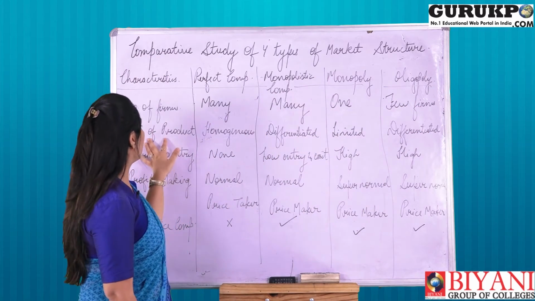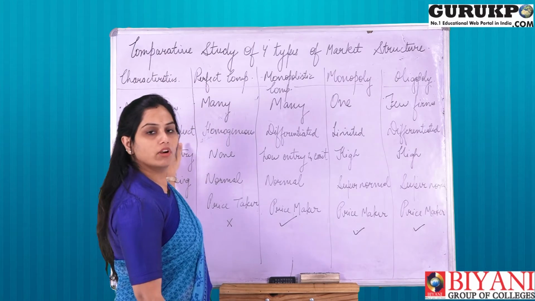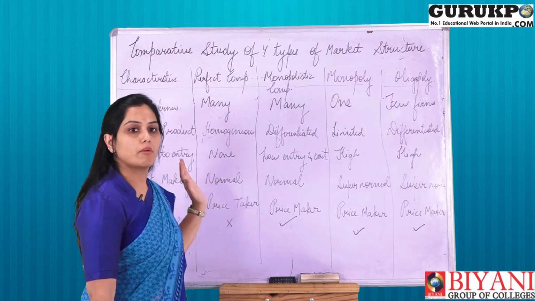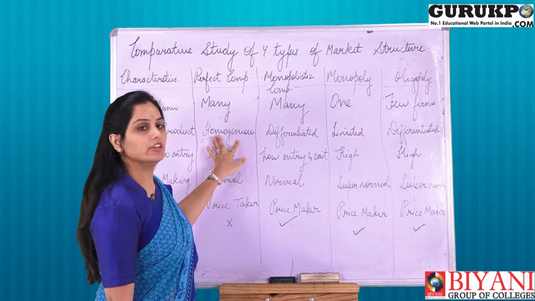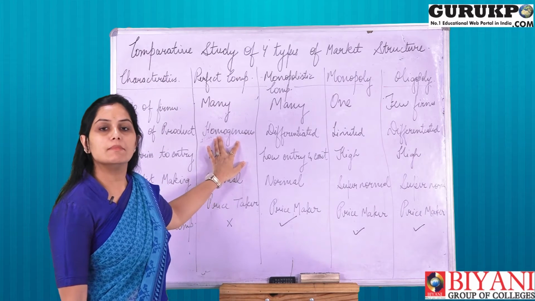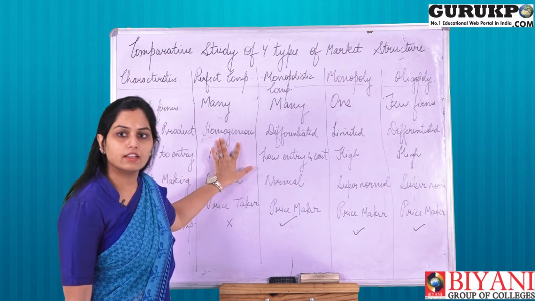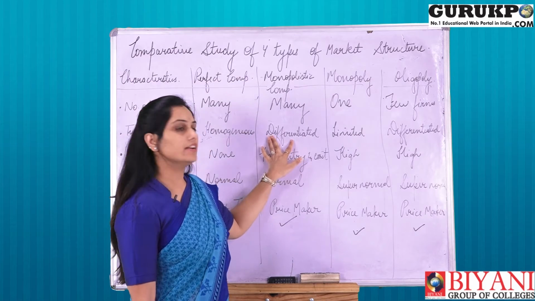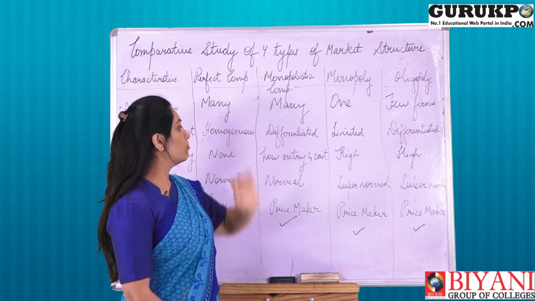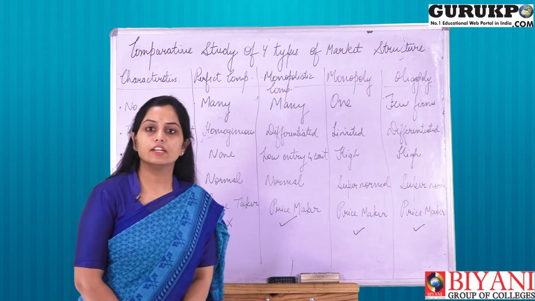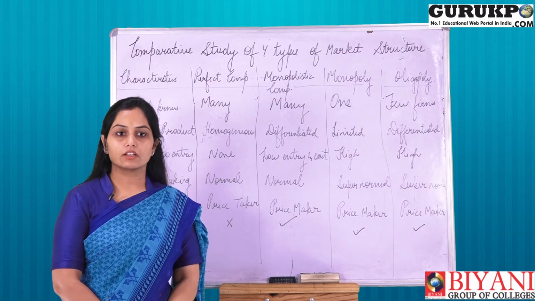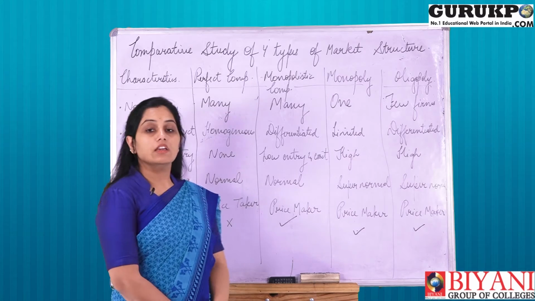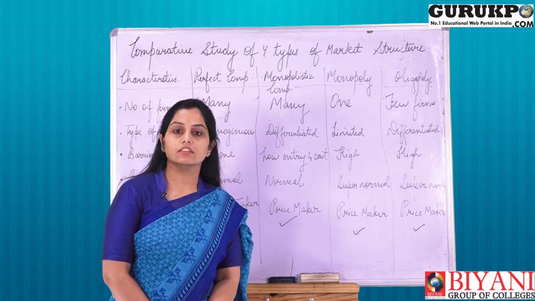The second point of differentiation is type of product. What kind of product is there in perfect competition? There are homogeneous products. Homogeneous means similar, identical products. There are differentiated products in monopolistic competition. Differentiated means the products can be differentiated in color, packaging and labeling.